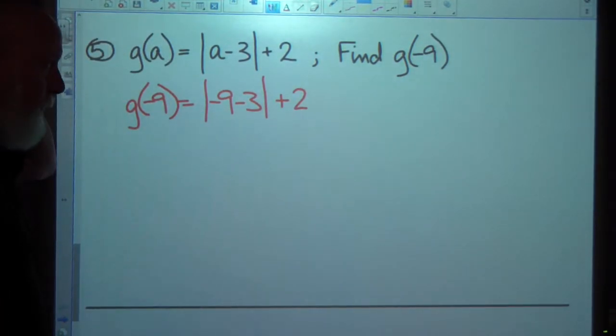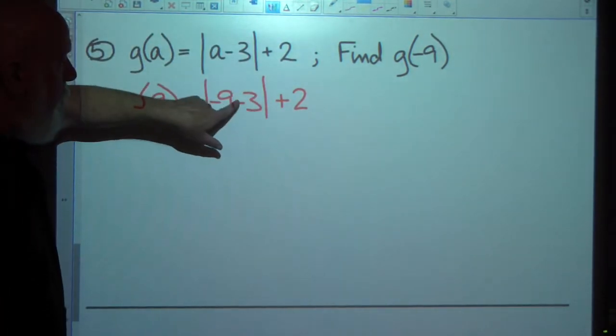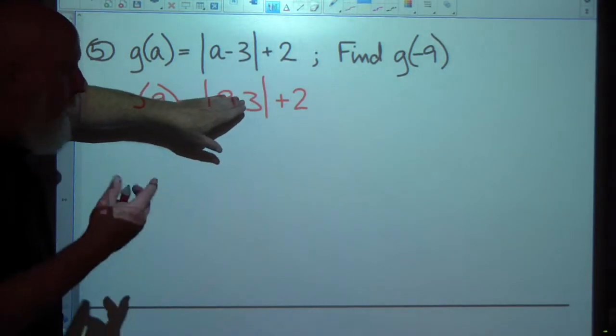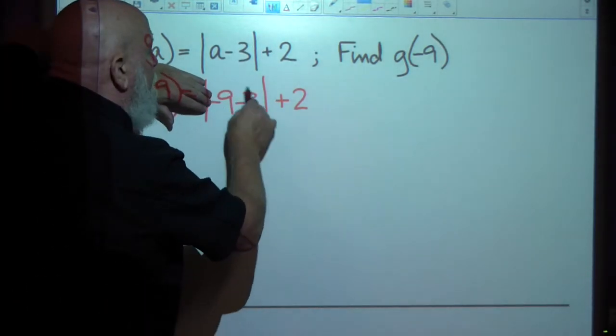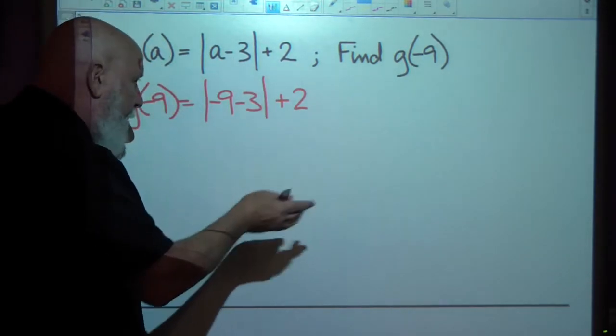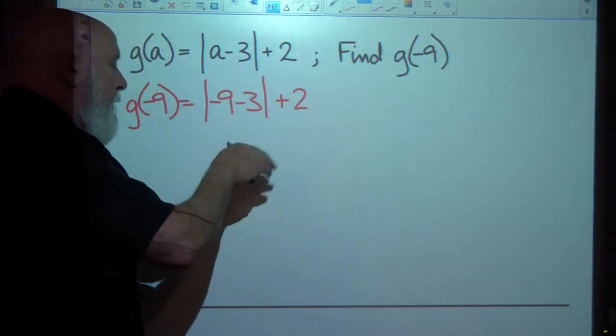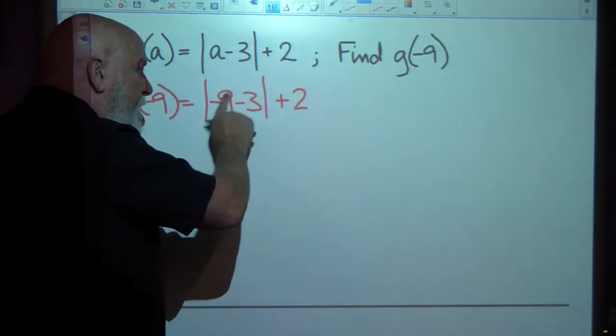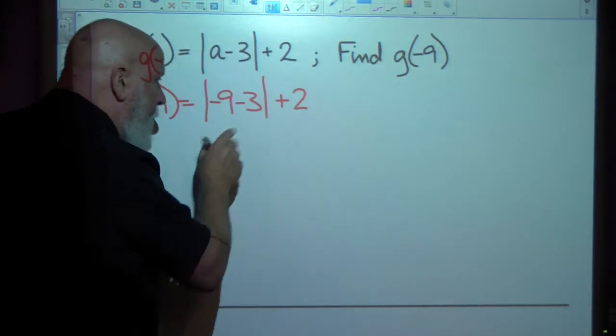Now I want to stress something here. Whenever you are simplifying an absolute value expression, if there are numbers in here, make sure that you simplify this first and then take the absolute value. Don't make everything positive and then simplify it. You want to simplify first, then take the absolute value.